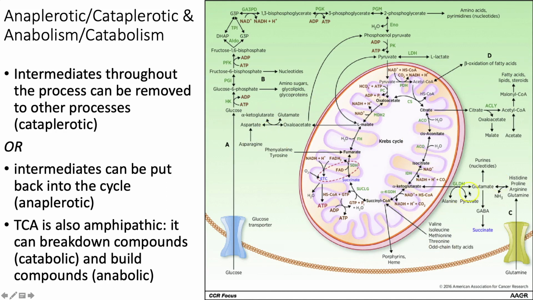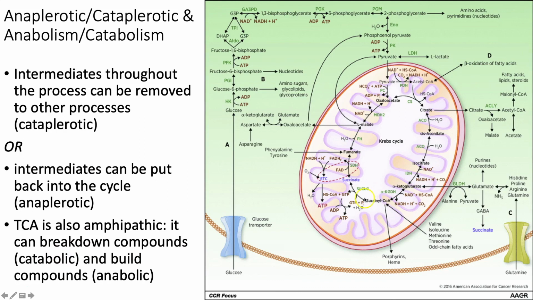You can use α-ketoglutarate to make glutamate, which you can then use to make other amino acids. And so the citric acid cycle, the tricarboxylic acid cycle, the Krebs cycle, it's amphipathic. It doesn't have to be taking citrate and breaking it down to generate energy. That's not its only job. That would be the catabolic side of it, but it's also anabolic in that it's making these compounds that might go do something else.